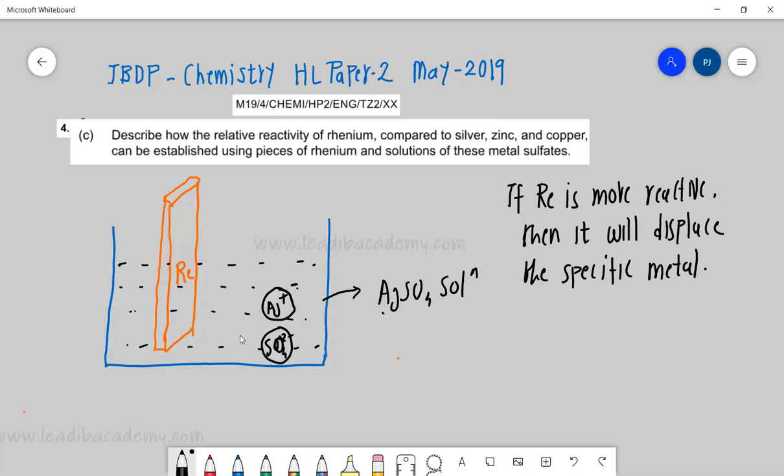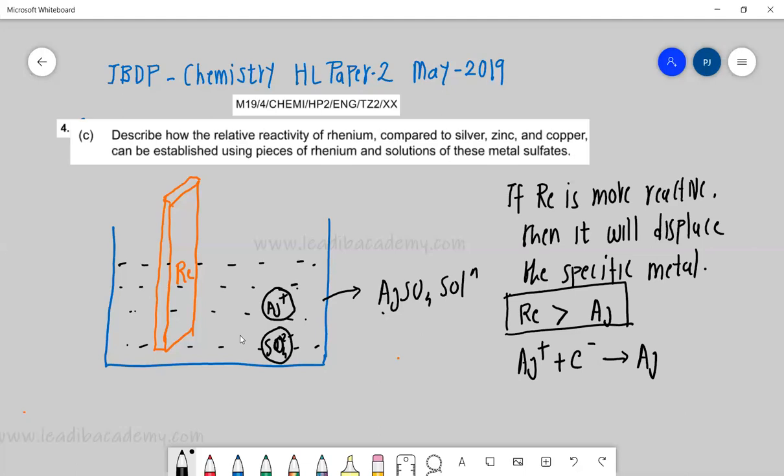Suppose rhenium is more reactive as compared to Ag. So what is going to happen? Ag ions will get reduced on rhenium, and they will start getting deposited. Simple. This is the logic. If rhenium is more reactive as compared to silver, the silver will preferentially get reduced on the rhenium. That's all. That is the logic.